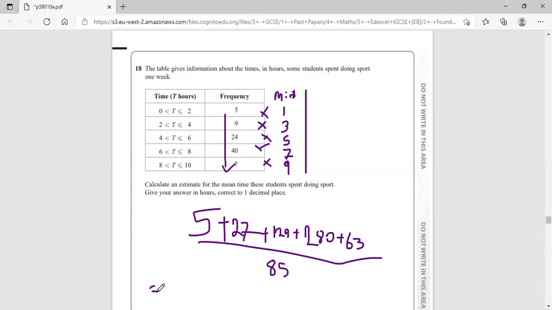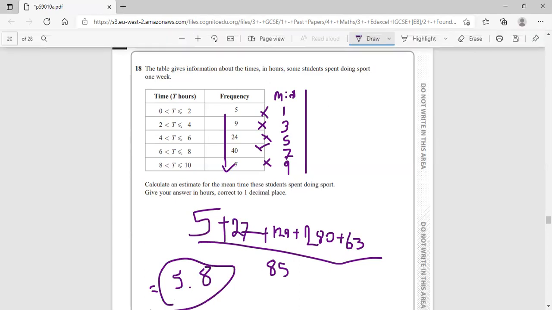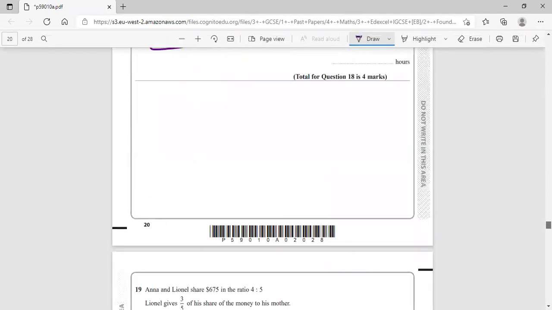So the answer is 5 plus 27 plus 120 plus 280 plus 63. Okay, and that is going to be all divided by 85, and the answer is 5.8. Okay, and that is the final answer for this question, and that is 4 marks.